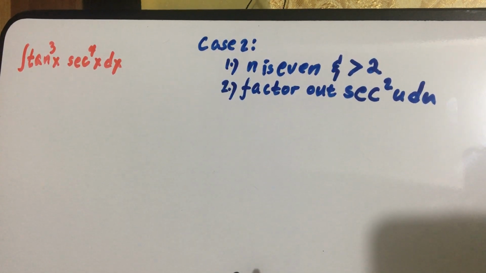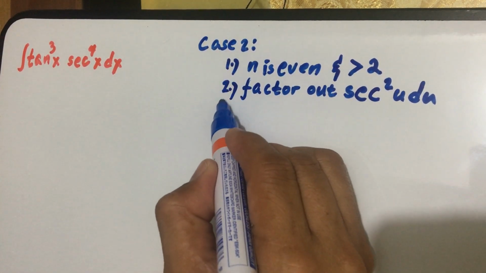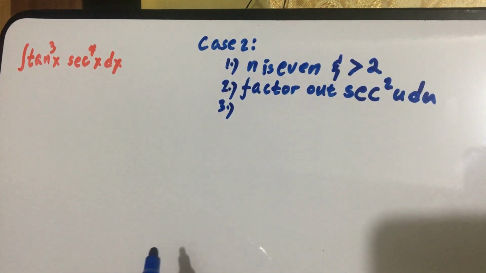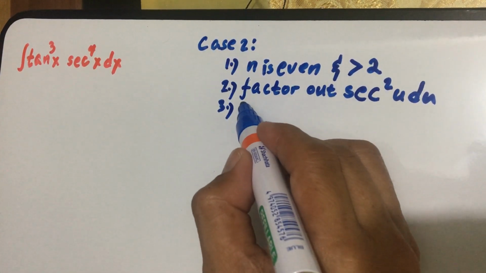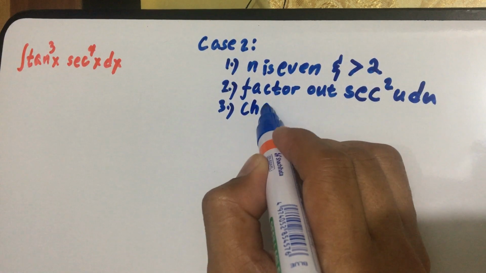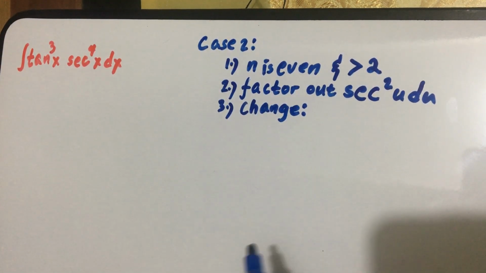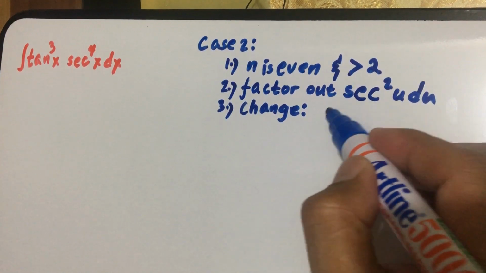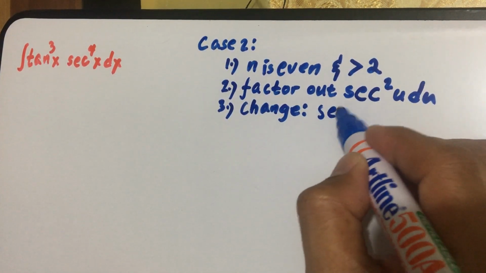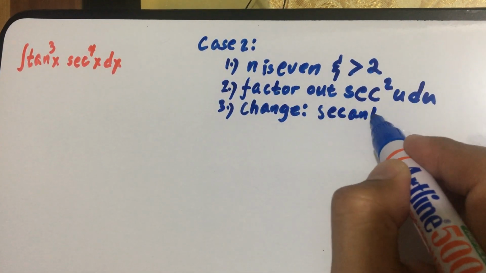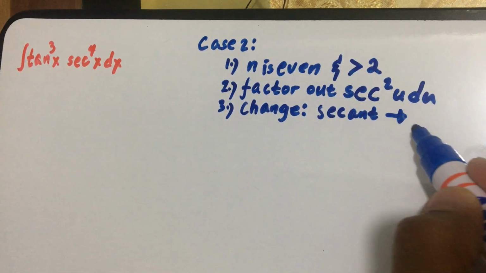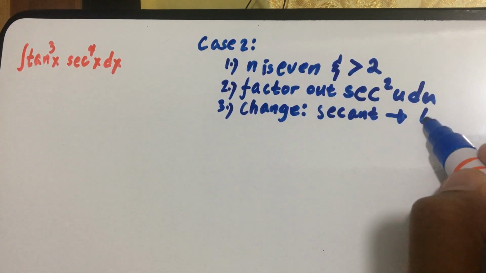After that, we have to change or replace the remaining secant by tangent.